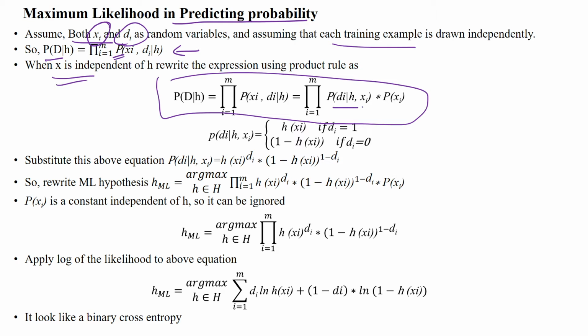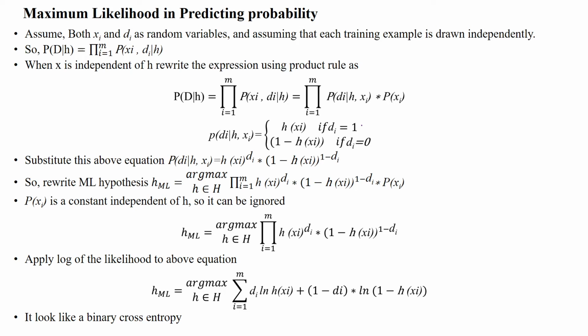This is the actual output of sample xi given the hypothesis. For binary values 0 and 1, it is the predicted output for actual output 1, and 1 minus the predicted output for actual output 0.